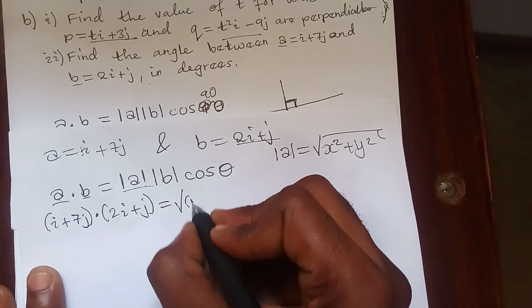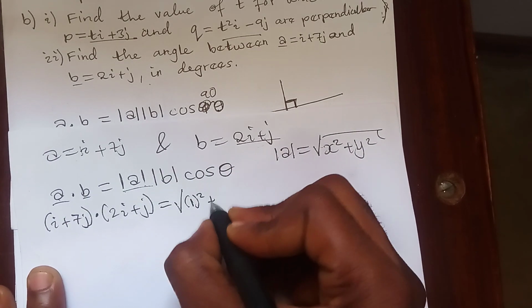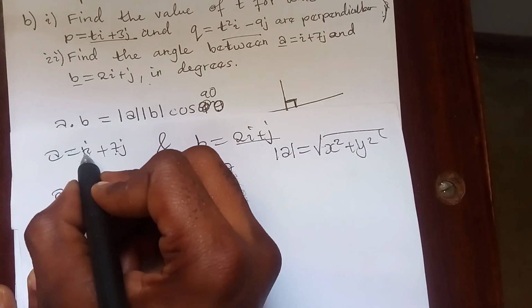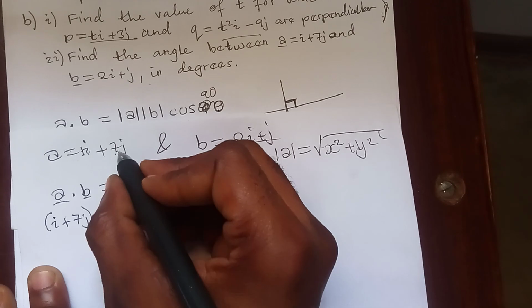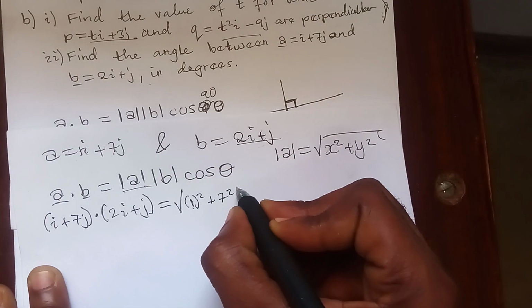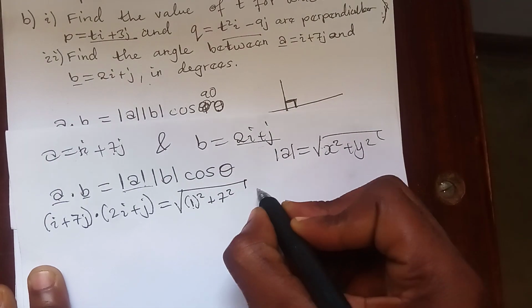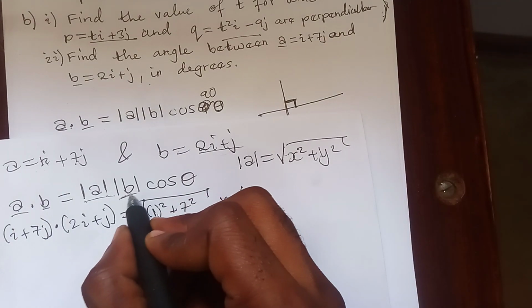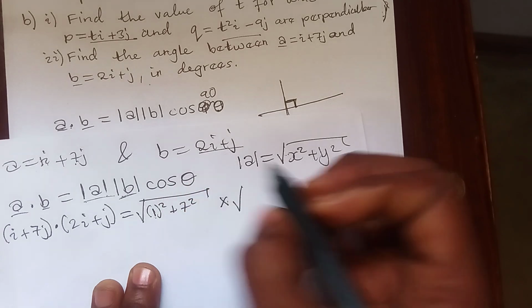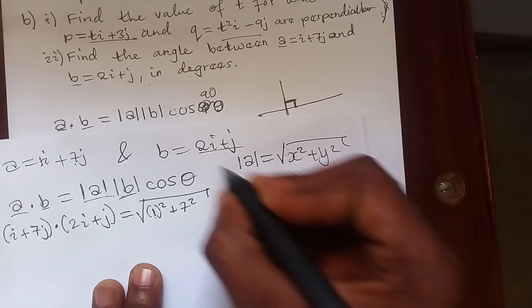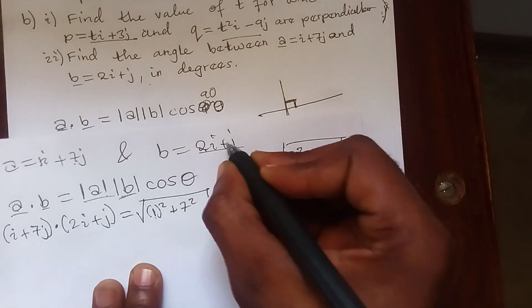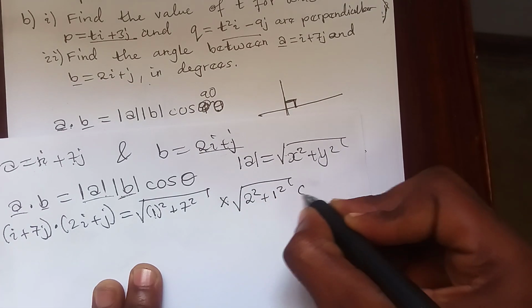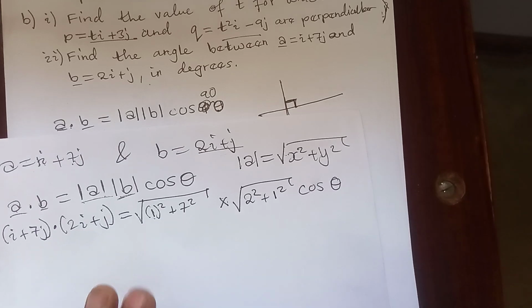So you can just say 1 squared plus, where 1 is the coefficient of i there, and then plus 7 squared, multiplied by the square root of, to find the magnitude of B, you can just square your x plus 1, and then cos theta.